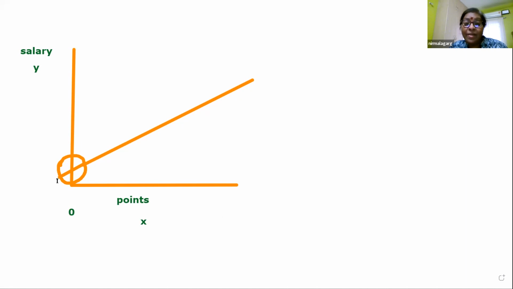That's why it's called Y intercept, Y being the dependent variable. This value is when the point value is 0. When your point value is 0, what is that value at which this pay line cuts the axis? When you do it statistically, that is the value which has been calculated. Mostly it is minus, sometimes it can also be plus. Very clear?